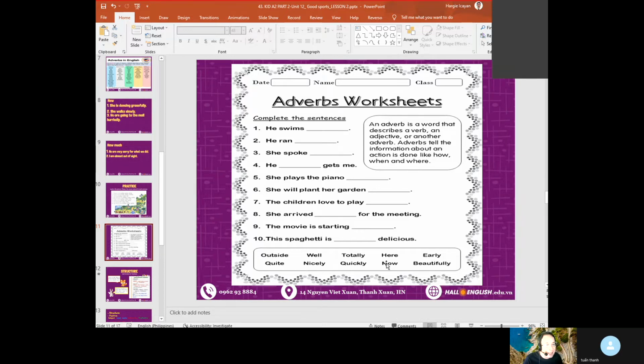But aside from nicely, we still have another. If you are good at swimming, the adverb could also be well. So you can say he swims well, or he swims nicely. So there are two possible answers here, okay?